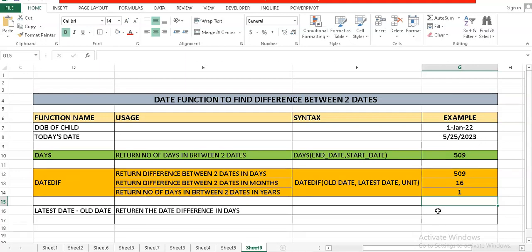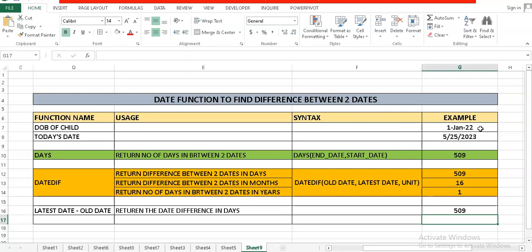So here we are just mentioning the cell references of the dates: equal to the latest date minus the old date, that is the 1st Jan 2022. I'm going to press enter. The date difference should be in days. So again it will return the date difference in days, that is 509.